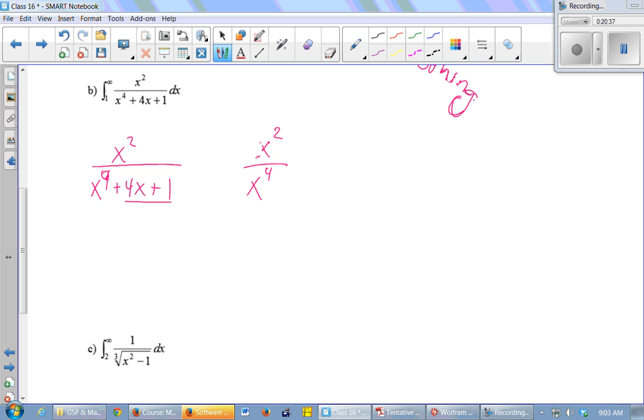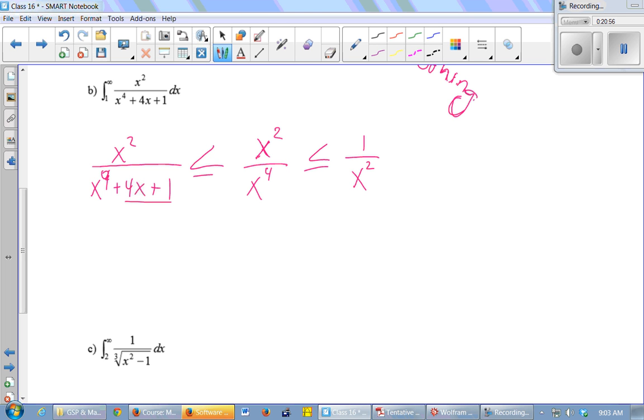So this 4x plus 1 makes my denominator a little bit bigger, which makes the value of the fraction a little bit smaller. So this fraction is smaller than that fraction.